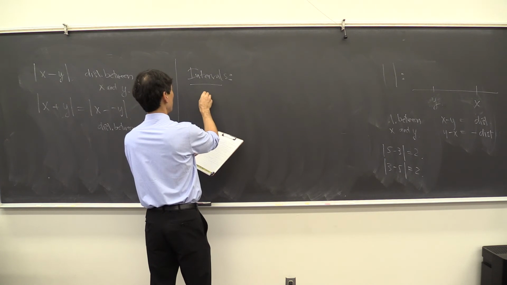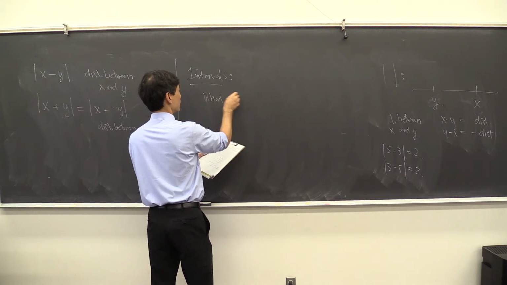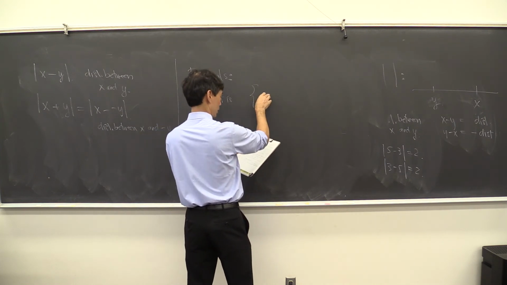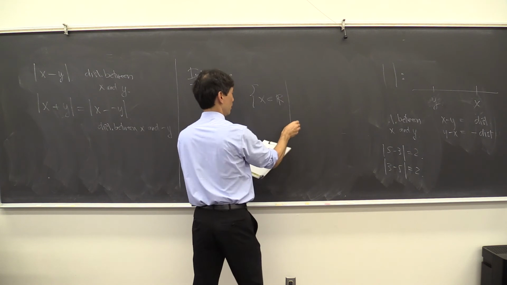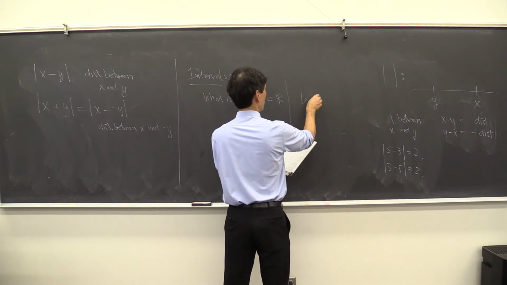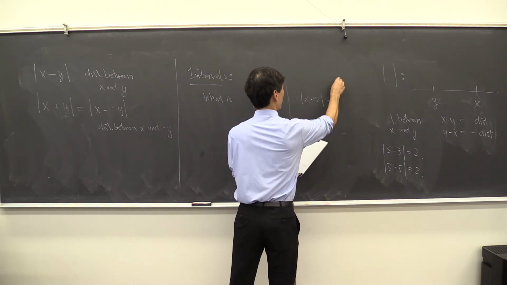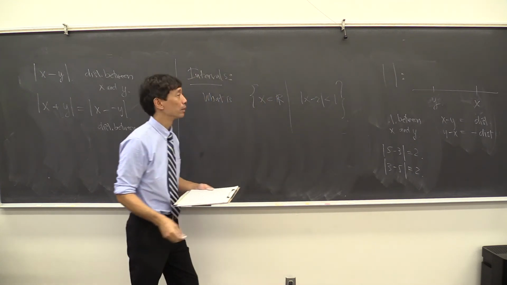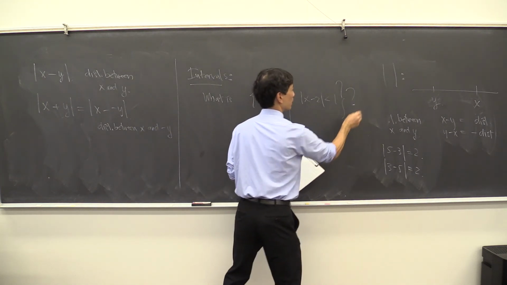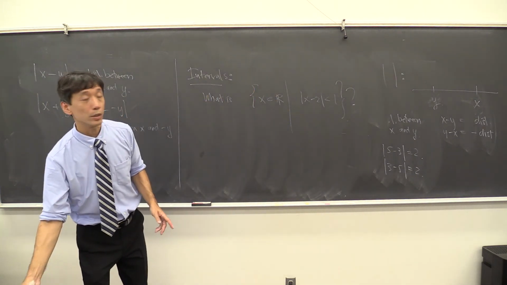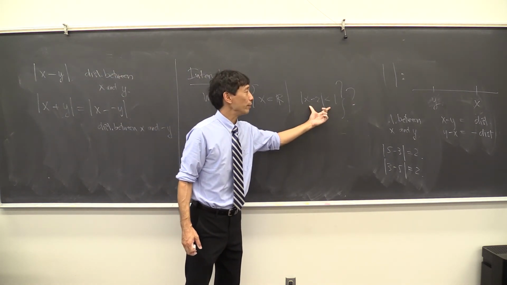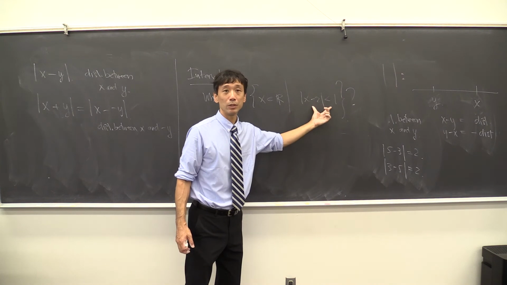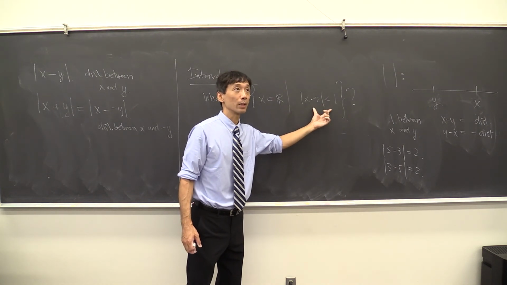So if I say, what is the set of numbers for which the absolute value of x minus 2 is less than 1? Okay. So you could work this out with the definition, but a much easier way is to interpret it in terms of distance.